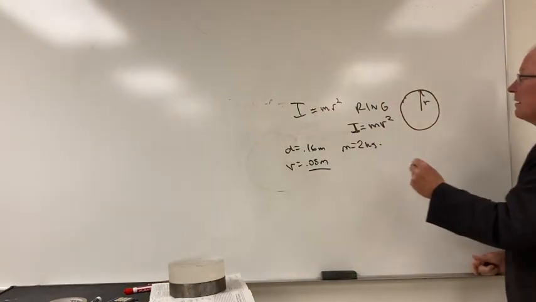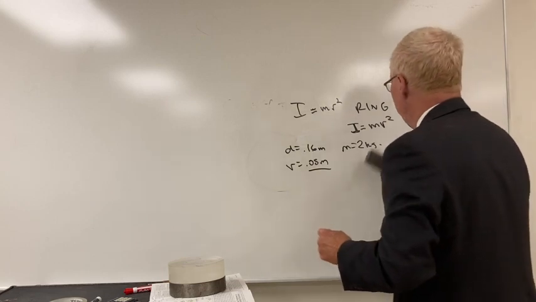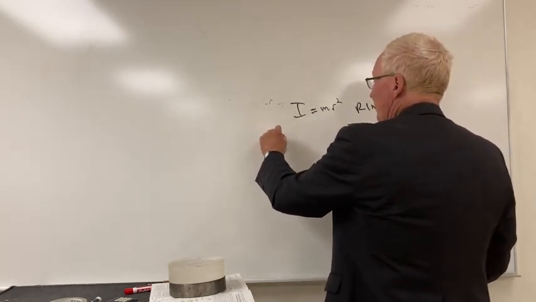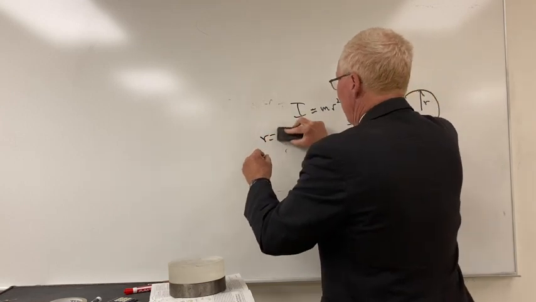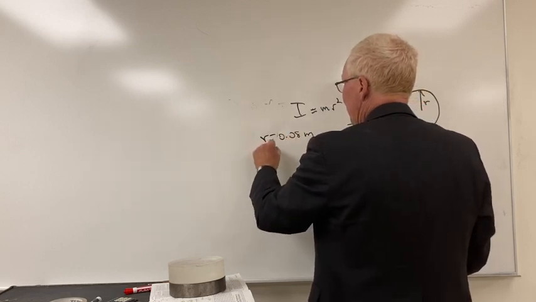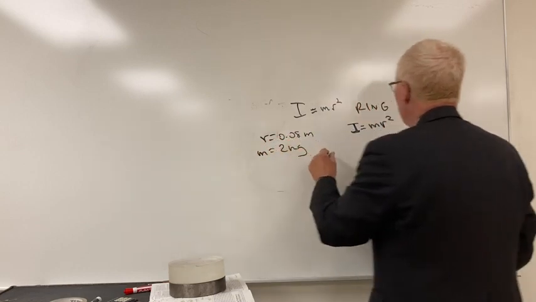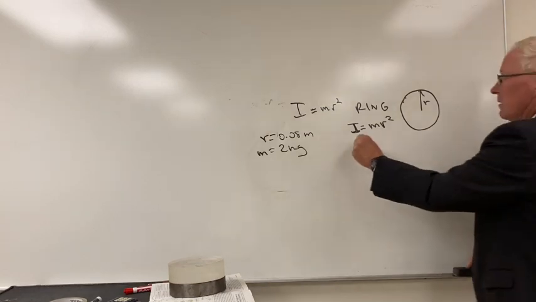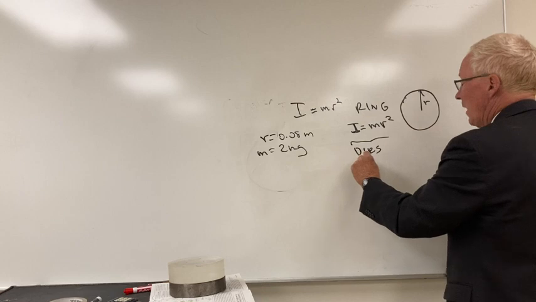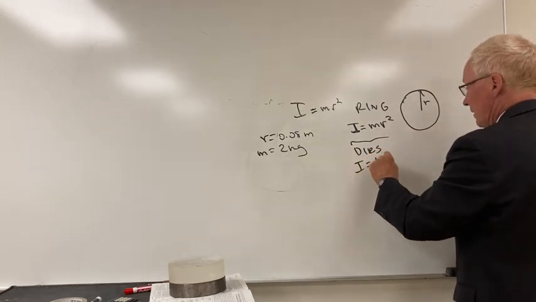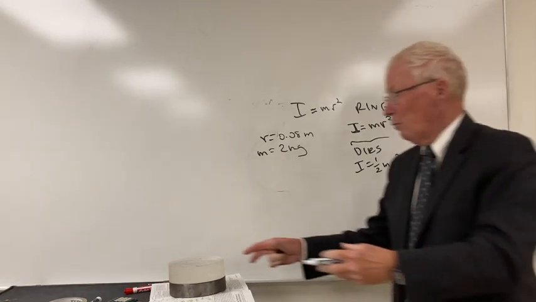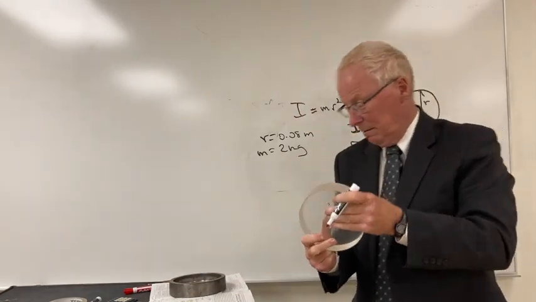So let's say R is 0.08, M is 2 kilograms. For a ring, I is mr squared. For a disc, I is 1/2 mr squared, because the weight is more distributed.